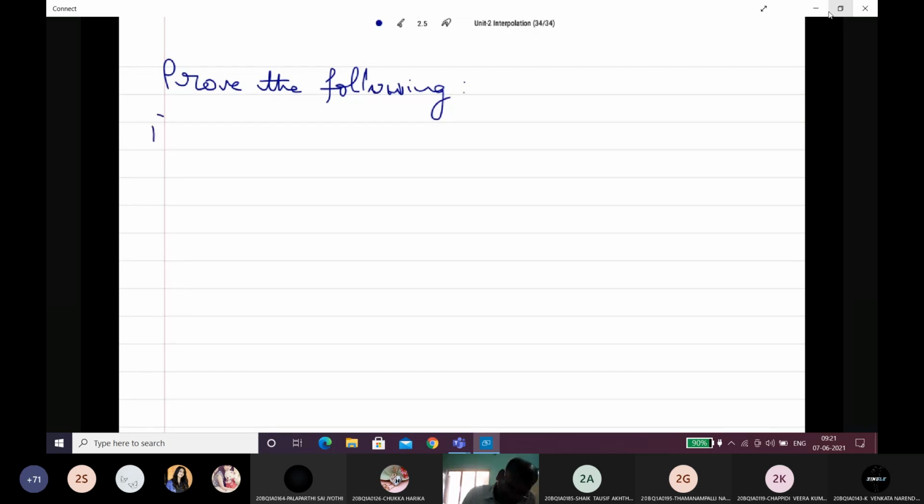Number 1: delta is equal to E minus 1. It is the same proof we wrote earlier.